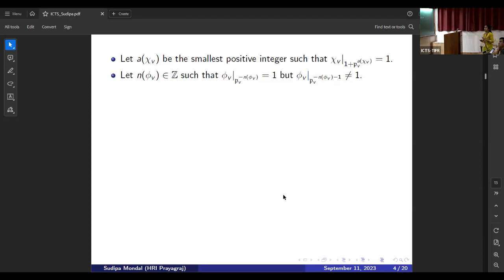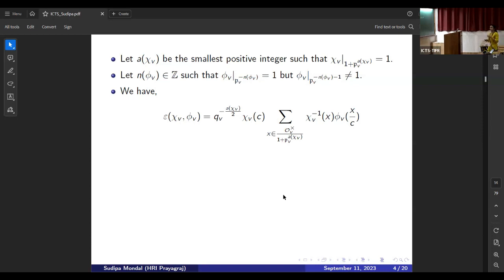Now we have a nice formula for the epsilon factor. This formula is at s equal to half, and here it can be written as a finite sum, where x varies over the representatives of this group.